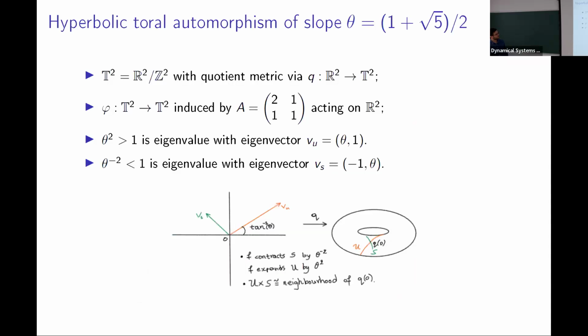A non-zero-dimensional example is, of course, hyperbolic toral automorphisms. Here I picked the slope to be the golden mean. So at every point, expanding and contracting. Yes, at every point.